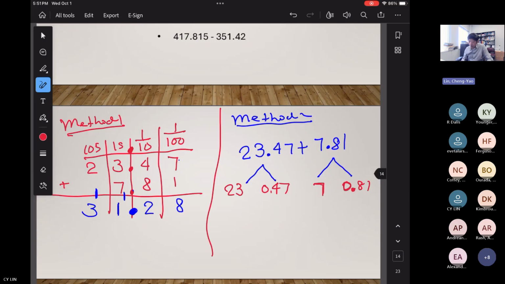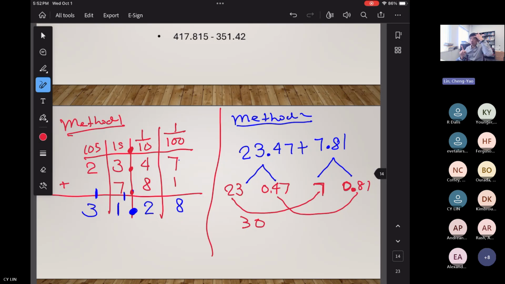Then we have a whole number and a whole number. So we add the whole numbers together, which is 30. Then we can take care of the decimal.